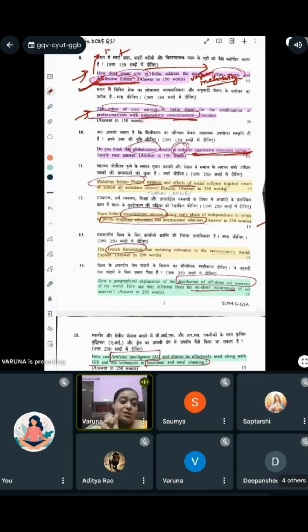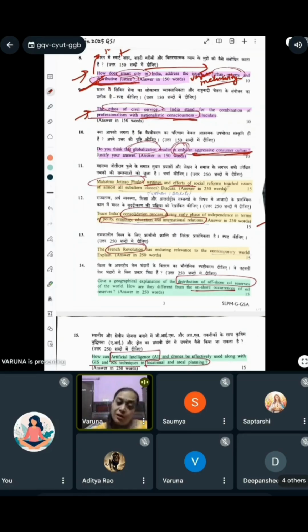We can think of the evolution of civil services, like in the colonial time, how it was. At that time, initially, the professionalism was on the higher end, but the national consciousness was not there. No nationalist feelings.